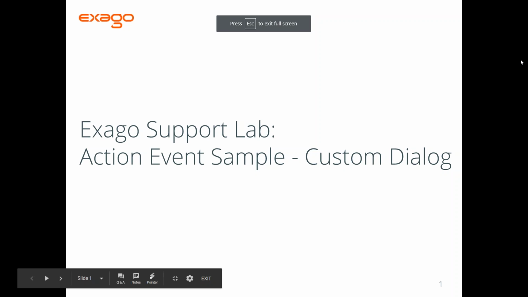So what it really means is that this is JavaScript code that you write that lets you do a couple of things. It lets you modify the behavior of Exago's UI, to add to existing dialogues or menus within Exago's UI.